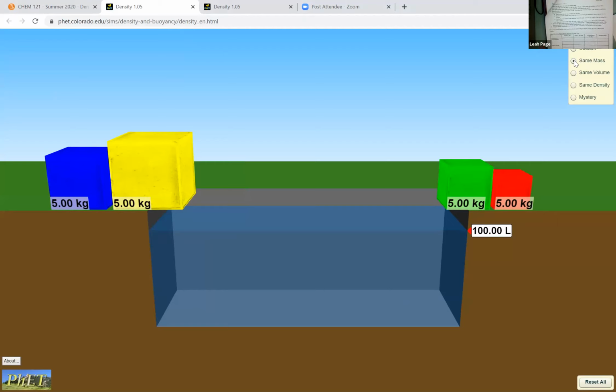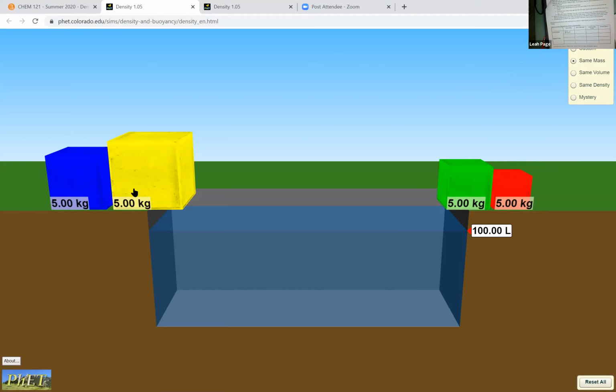So we first write down the colors of the boxes: blue, yellow, green, red. We're going to go in order. If I start off with yellow, it then says we have to write it in lowest density to highest density. You can write it on a separate sheet of paper so you make sure you put it in the right order.